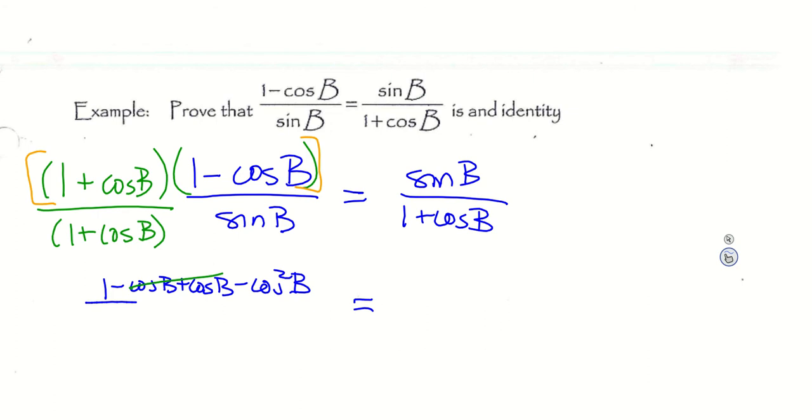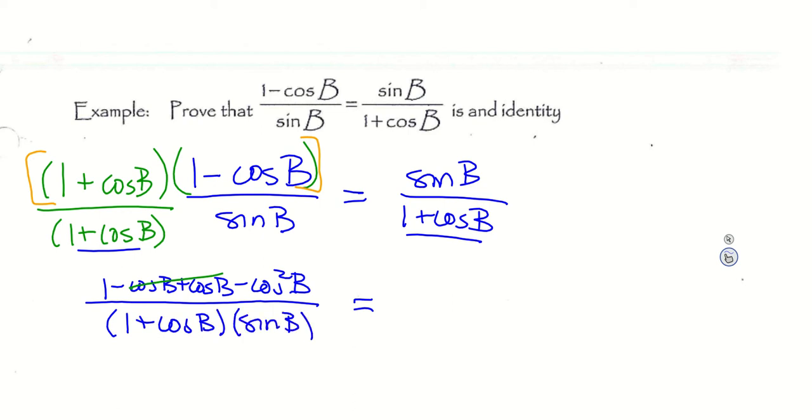Now on the bottom of my fraction, just because I've done this before, I know what's going to happen. You haven't done it yet, but you're going to see. I'm going to leave the bottom as multiplied. This has the 1 plus cosine, which I want. I'd love to get rid of the sine, so I'm not going to multiply these together. I'm just going to write them as being multiplied together and watch what happens.